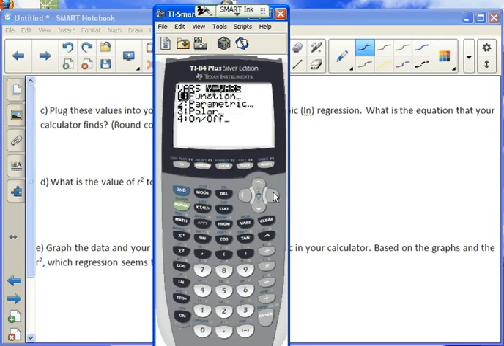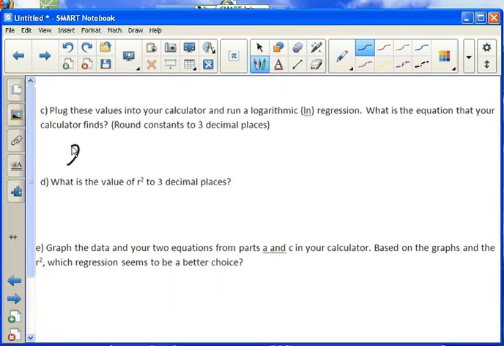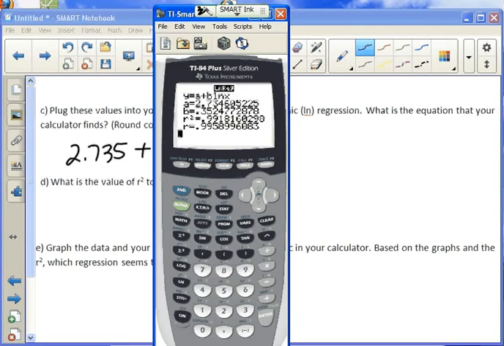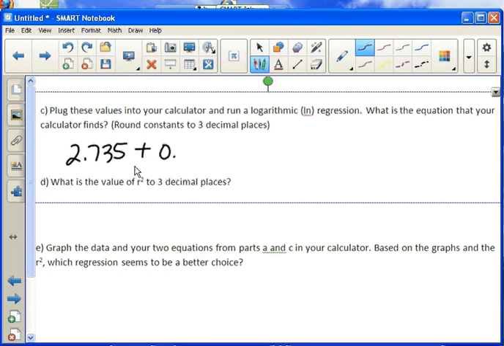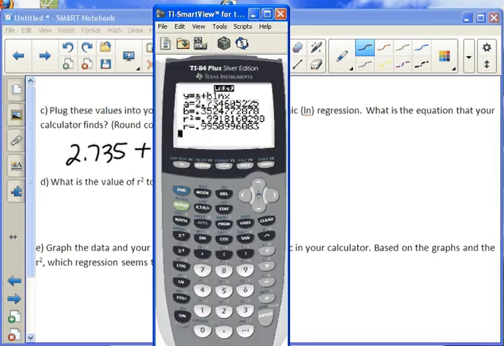And I get 2.735 plus 0.352 times the natural log. And my r squared is 0.992, which is much, much better.